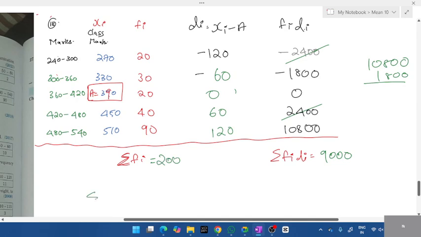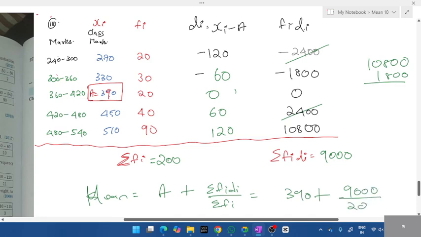Now use the formula. Mean is equal to A plus summation FiDi divided by summation of Fi. That is equal to 390 plus 9,000 divided by 200. So for positive and negative numbers, you can reduce it.